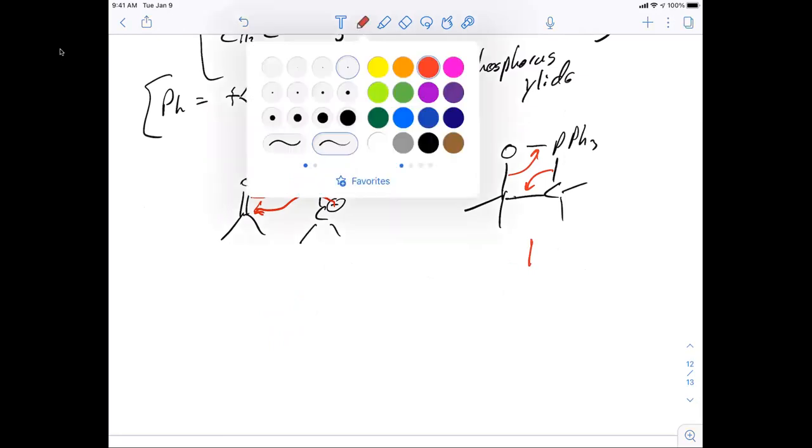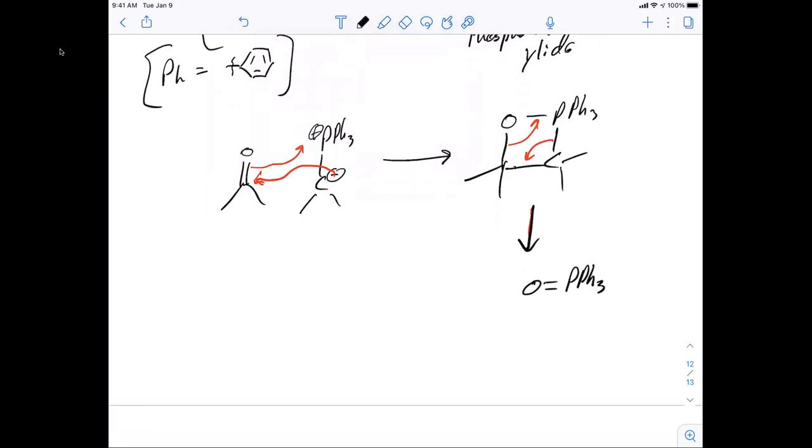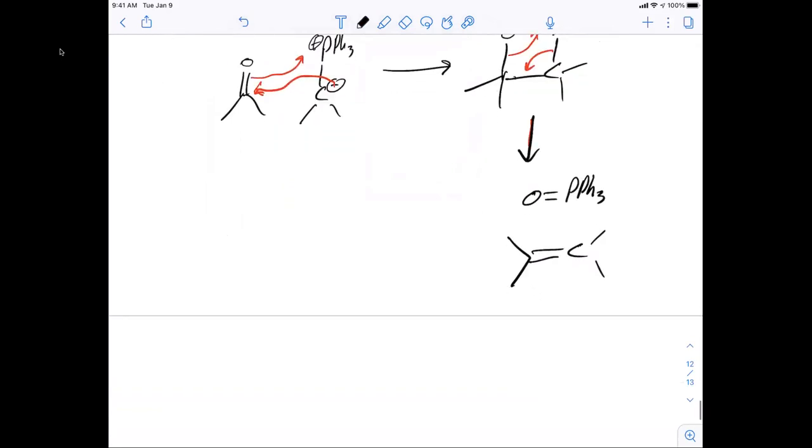And so this ends up giving us the oxygen double bonded to the phosphorus, and now a double bond here. This can also be concerted. This can also be stepwise, depending on, again, how stable the negative charge is.